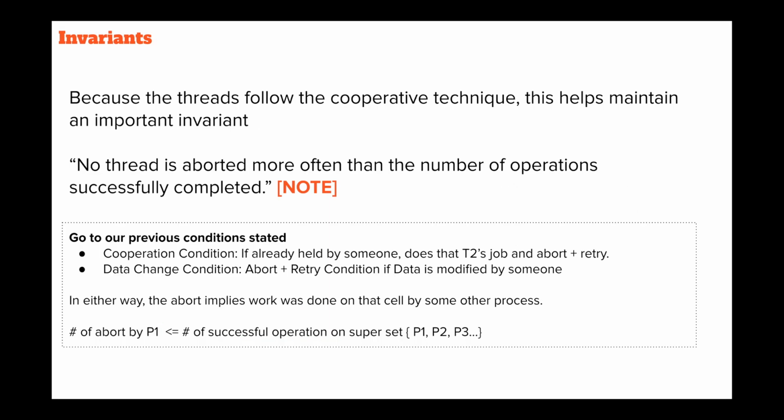Finally, there is this invariant that no thread is aborted more often than the number of operations successfully completed. It can be seen as whenever a thread fails, there is someone who actually succeeded in their operation.